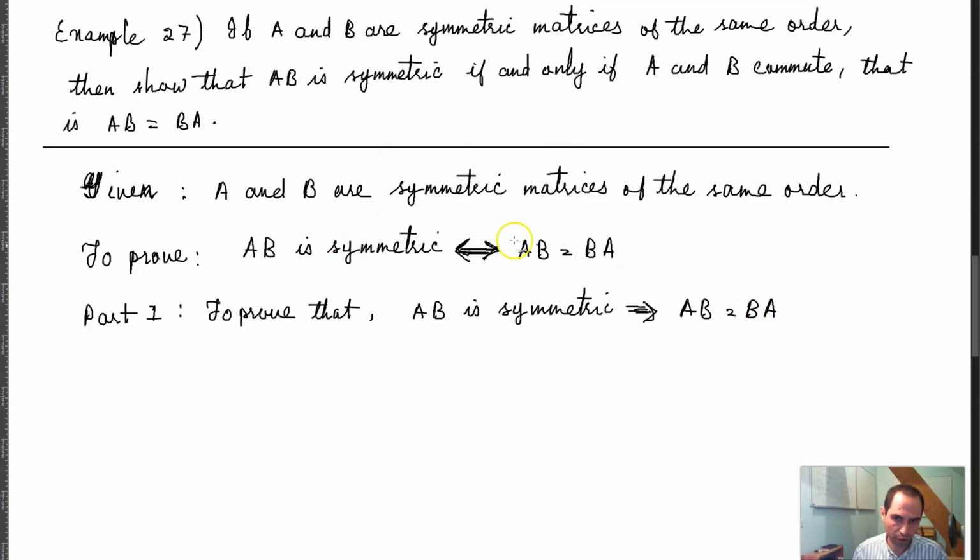And then the other way around: part 2 of the proof would be to prove that AB is equal to BA implies that AB is symmetric.